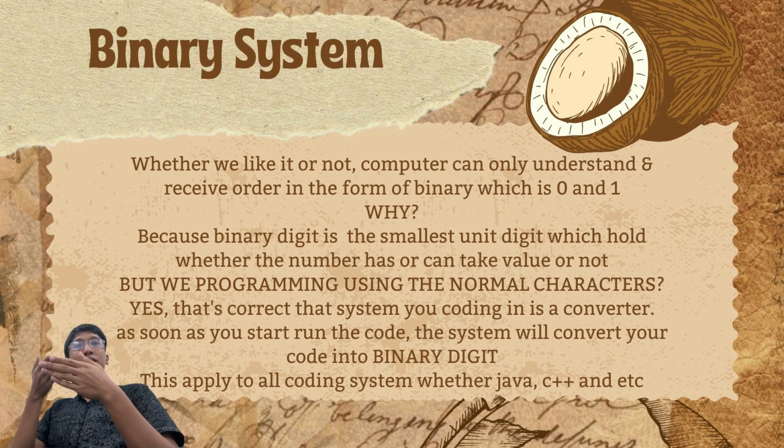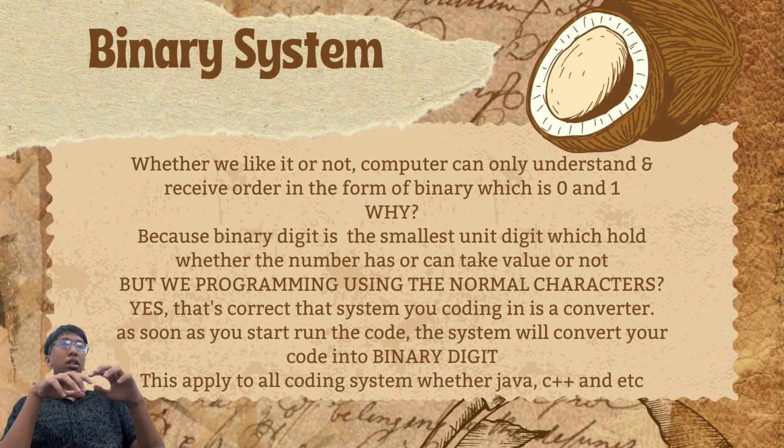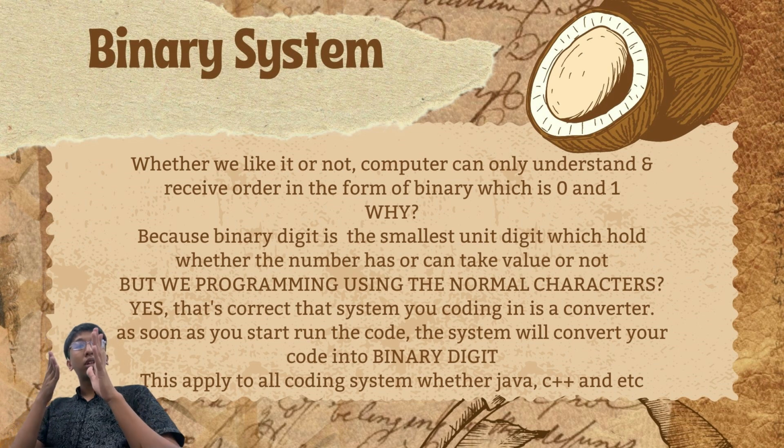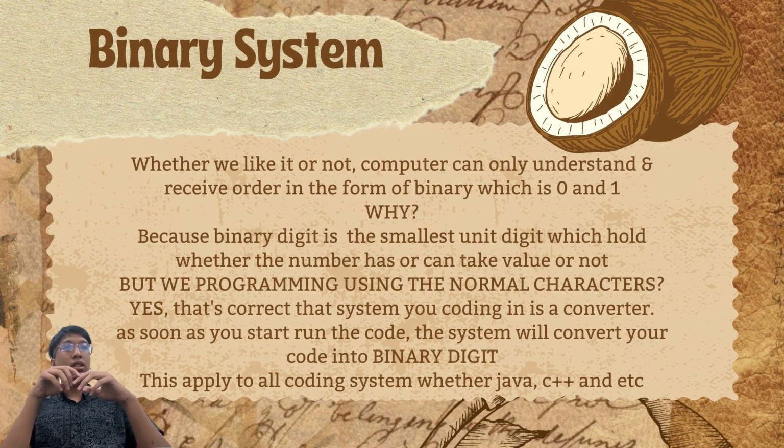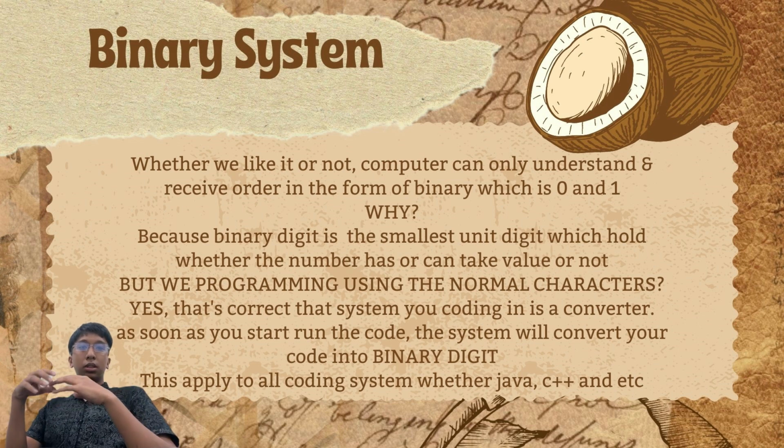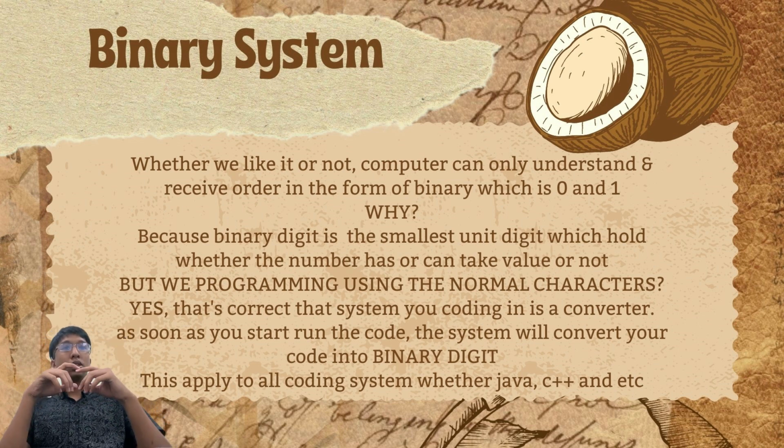But maybe some of you will ask, we are programming in characters like ABC, it's not 0 and 1. Yeah, that's correct. Because the program we use to insert ABC or characters like 1, 2 is not 0 and 1. It's a converter. When you write System.out.println to print hello world in Java, that's just a converter.